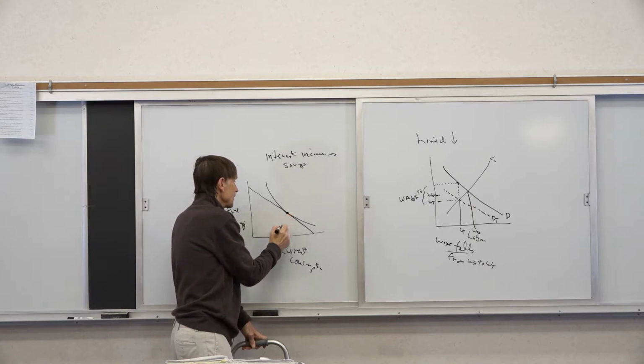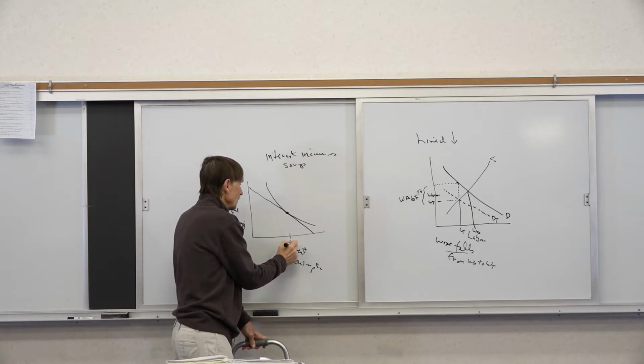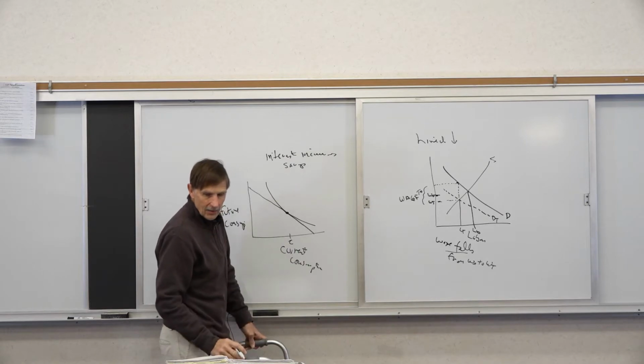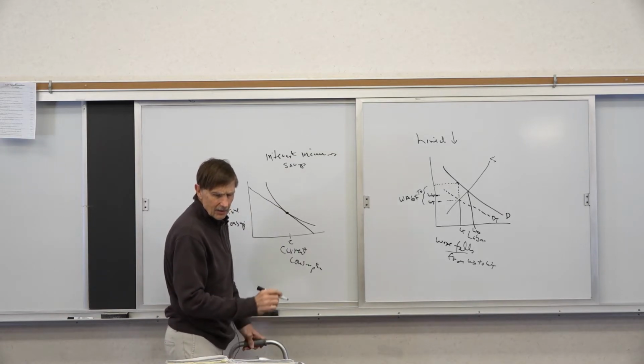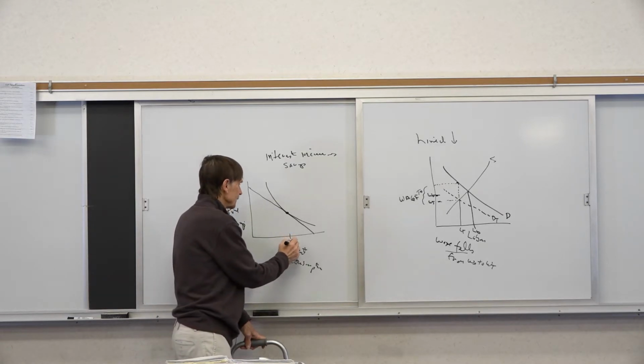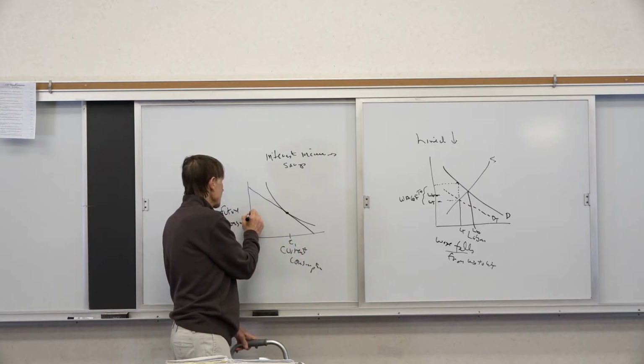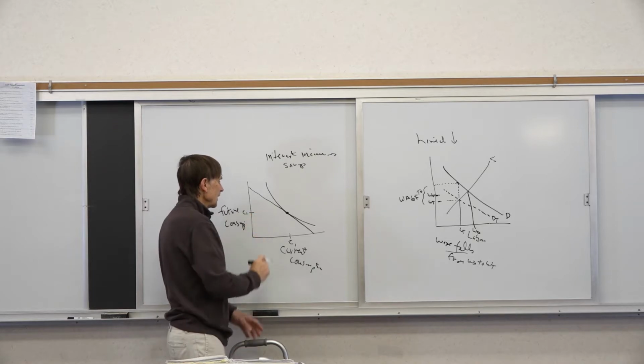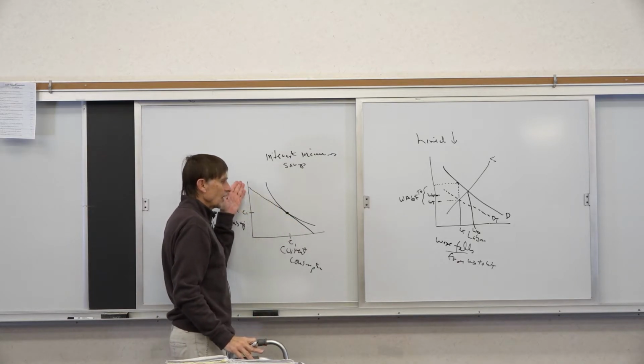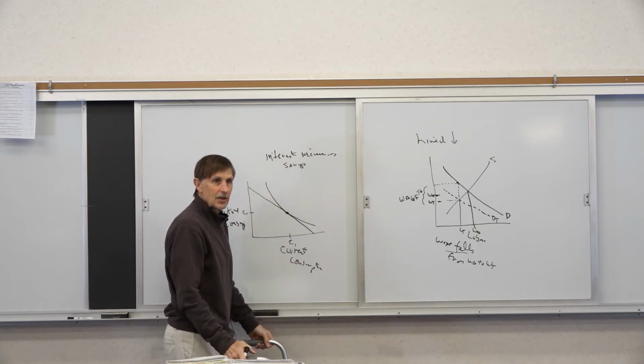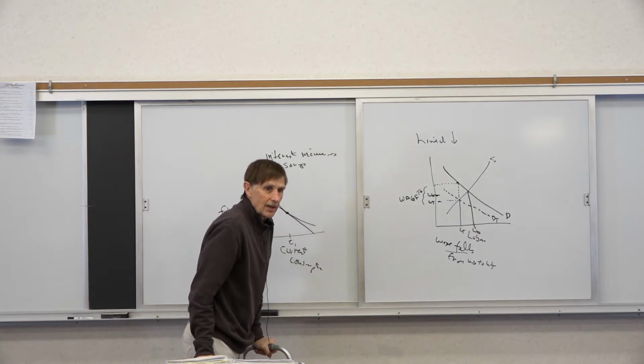And at that tangency, what will happen? We'll have consumption today, which I label C1, and then I've got consumption in the future, and we'll call that C2. So there's some rate at which I can swap consumption today and consumption in the future.